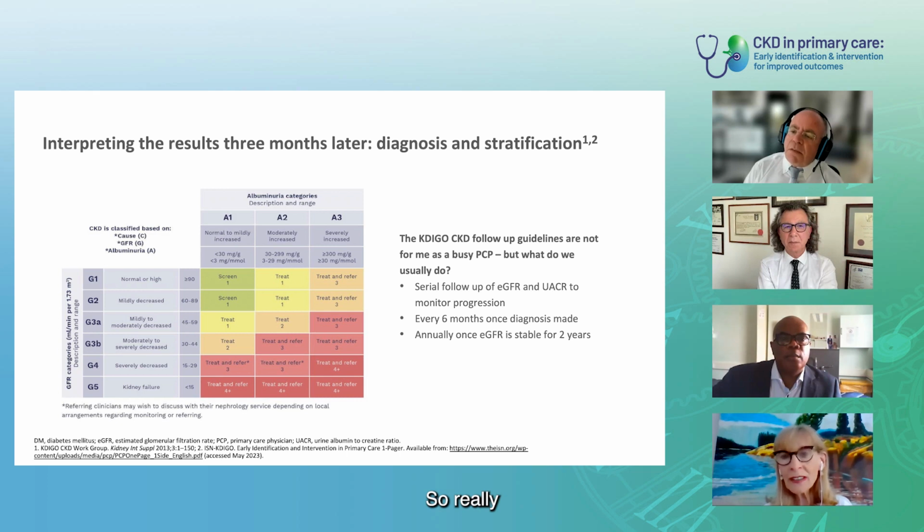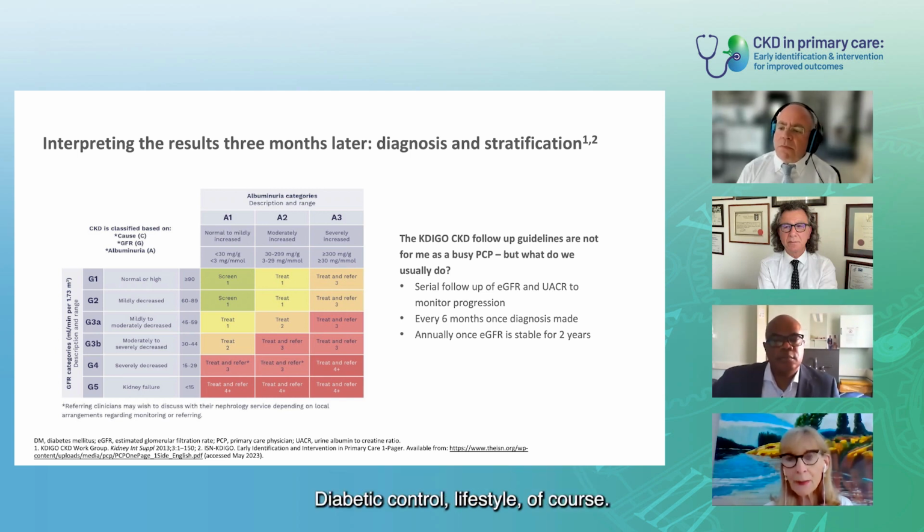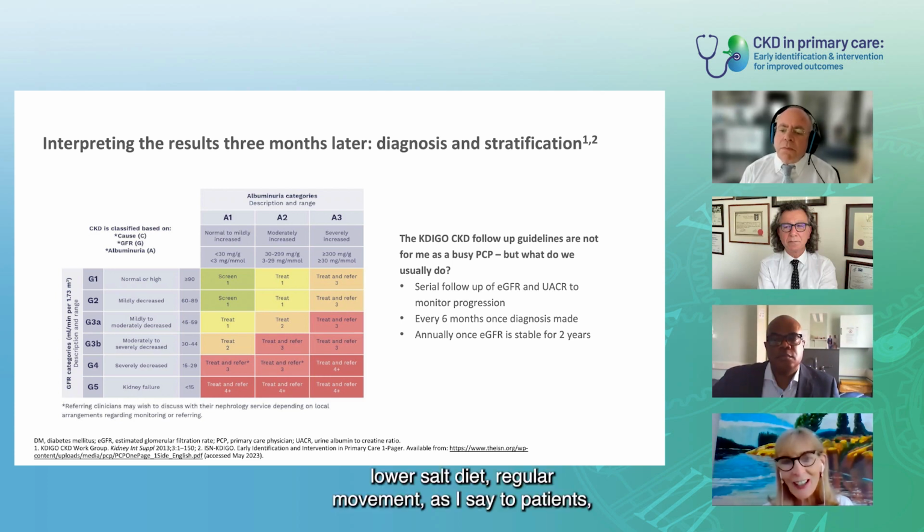So really that is, make sure that blood pressures are under good control. If they're diabetic, control, and lifestyle, of course. We have good evidence of monitoring, lower salt diet, regular movement, as I say to patients.